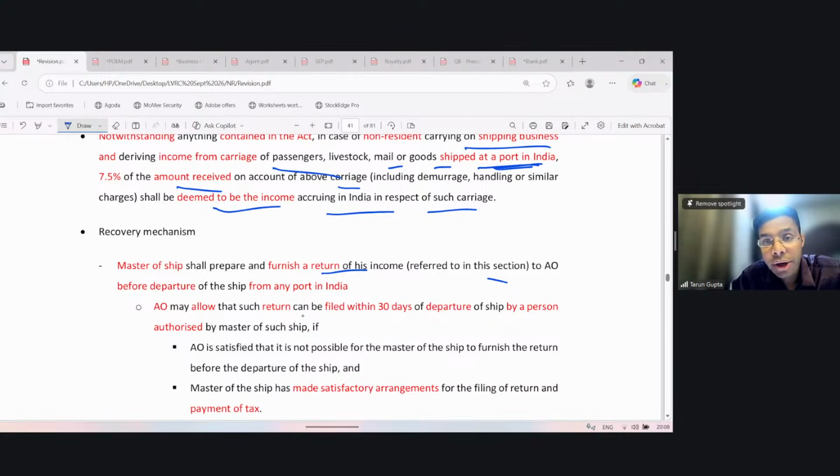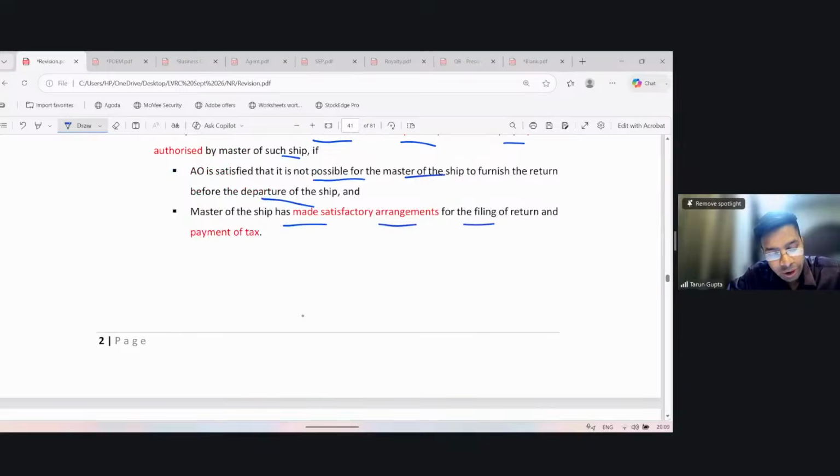However, the AO may allow that such return can be filed within 30 days of departure of the ship by a person authorized by the master of such ship, if AO is satisfied that it is not possible for the master of the ship to furnish the return before the departure, and the master of the ship has made prescribed, satisfactory arrangement for filing of return and payment of tax. Right?